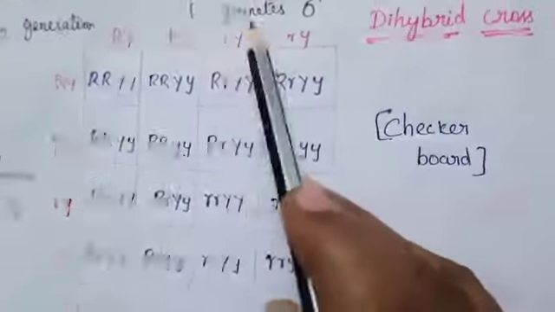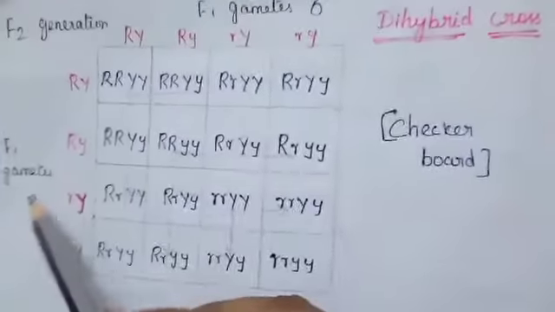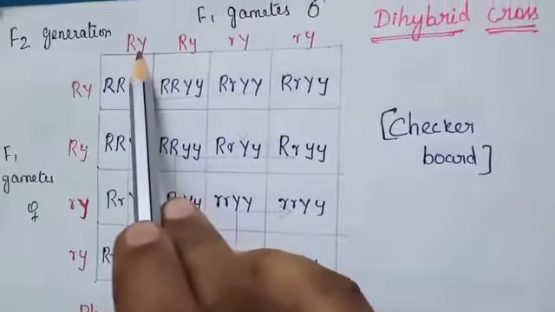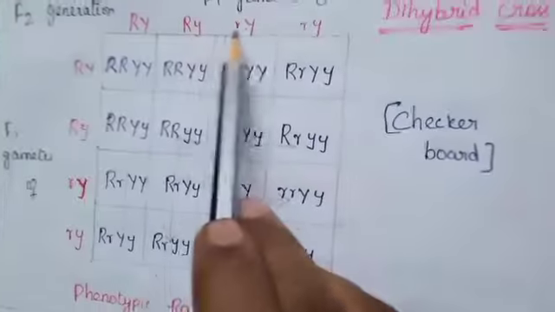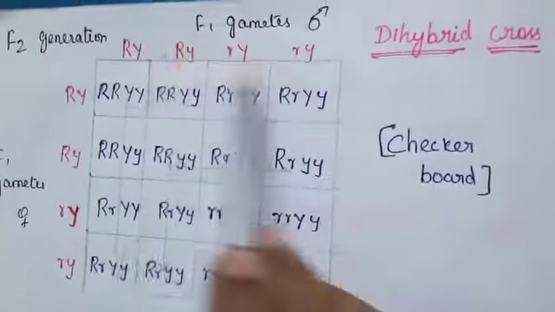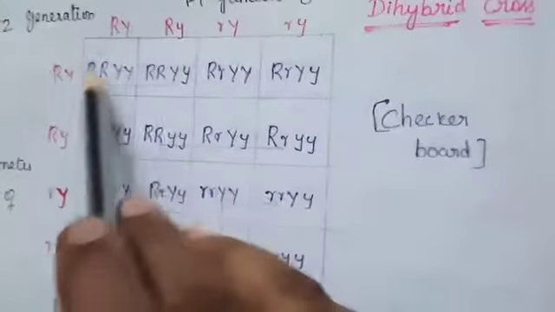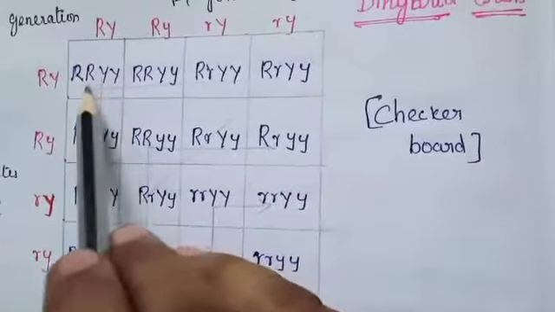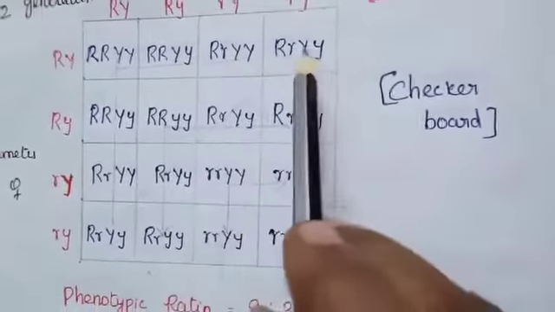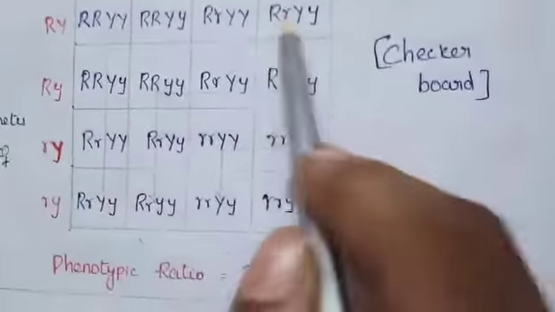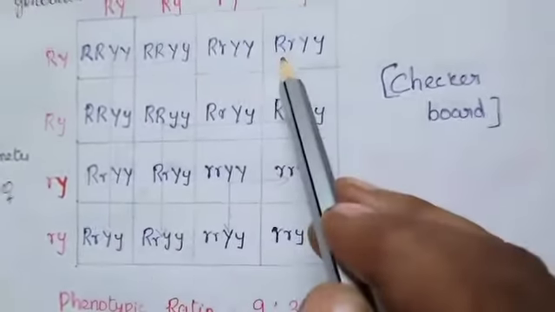So F1 gametes male, here F1 gametes female. The gametes are capital R capital Y, capital R small y, small r capital Y, small r small y. In this method, here the 9 is the capital R capital Y formation.